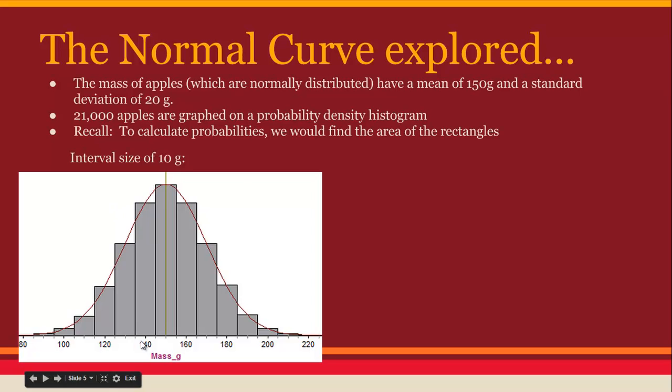We could calculate the probability that we're between 130 and 170, or the probability we're between 120 and 180, maybe taking half of this rectangle and the rest of these rectangles, and we get something that looks like this.